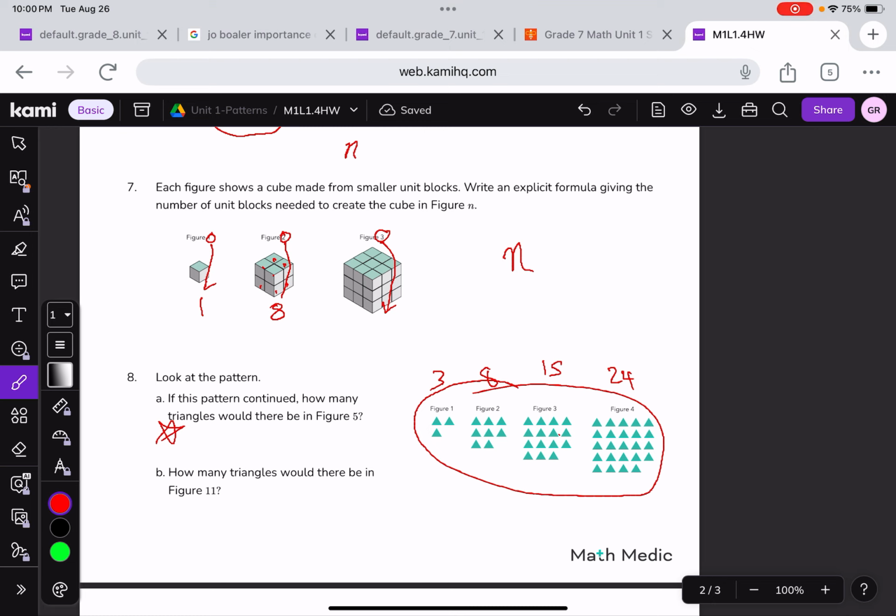This one is not making us write a formula. But I bet you probably could find a pattern in those numbers. The first term is 3. The second term is 8. The third term is 15. Then 24. What would be the 11th? And I'll leave that one up to you.